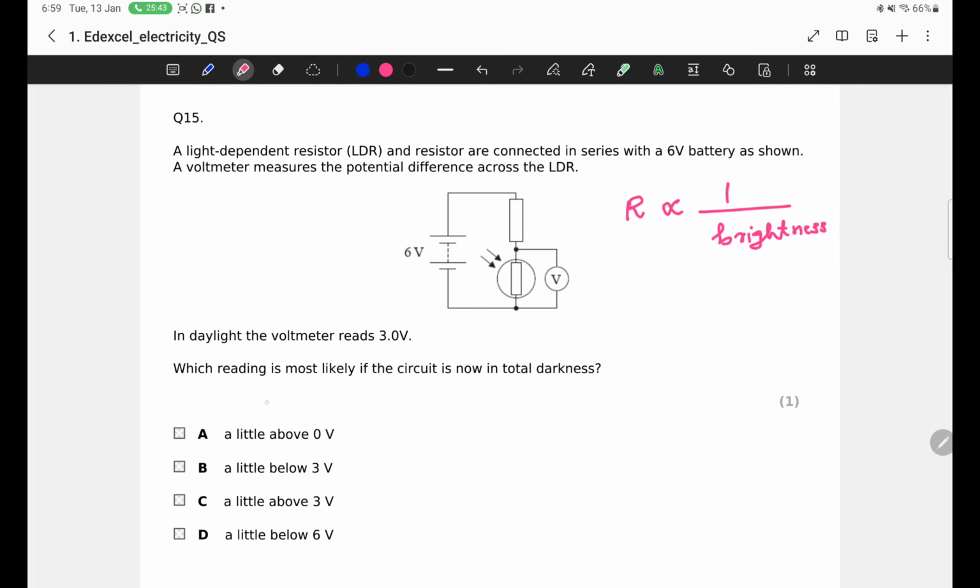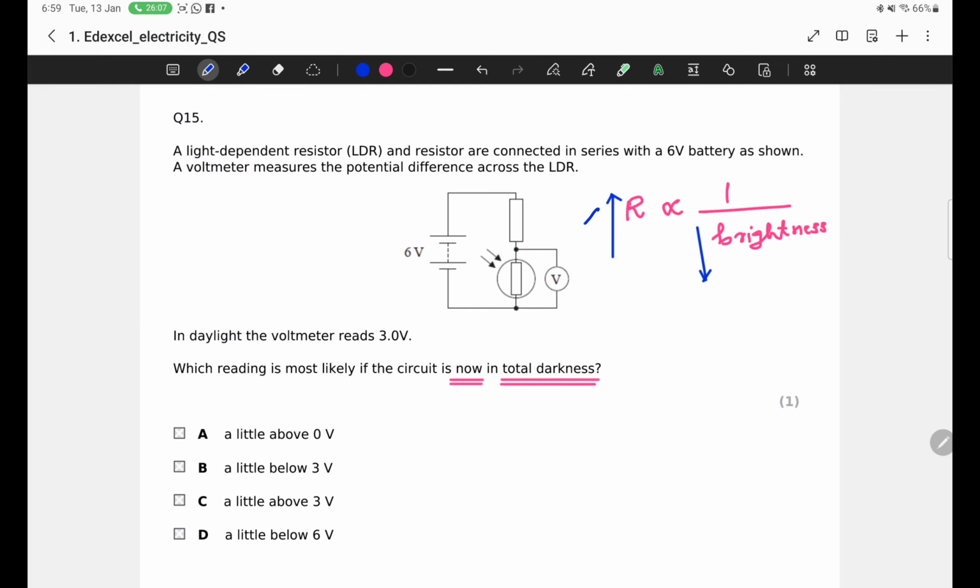The question is, the LDR is now placed in a dark room. If it is placed in a dark room, then obviously brightness decreases. If brightness decreases, then its resistance will increase.